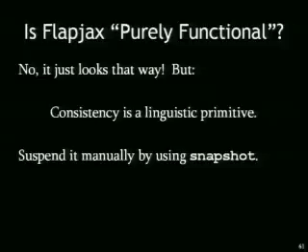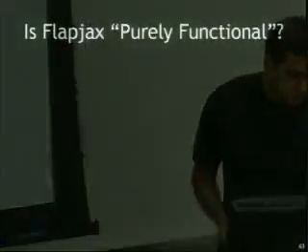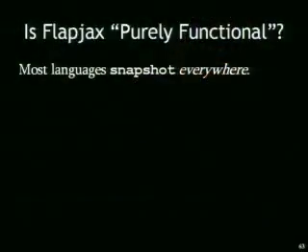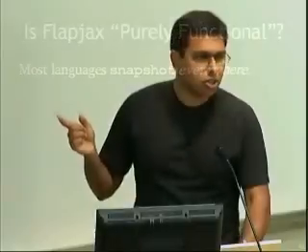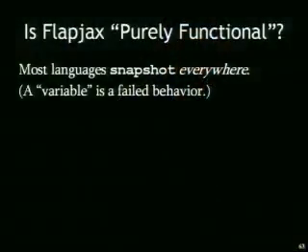So consistency is a primitive, but snapshot says stop evaluation of this little sub-expression. I want to know what it was then, as opposed to what it is now. So one question we can ask is, should we be snapshotting by default? Because that's what traditional programming languages do, right? In fact, I would call a variable a failed behavior, right?